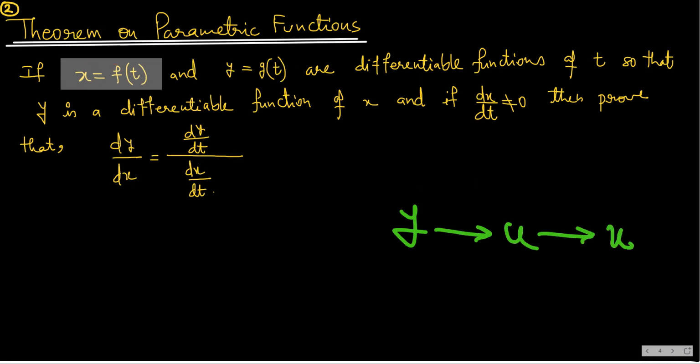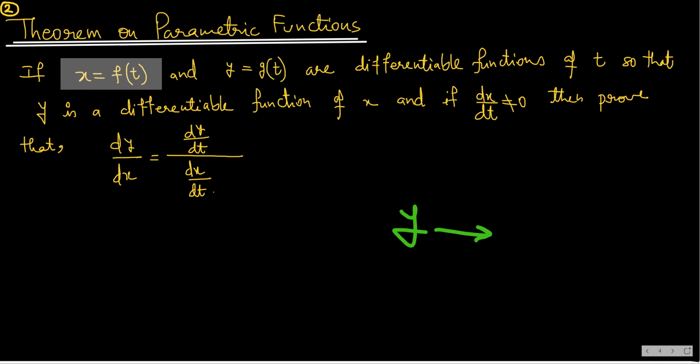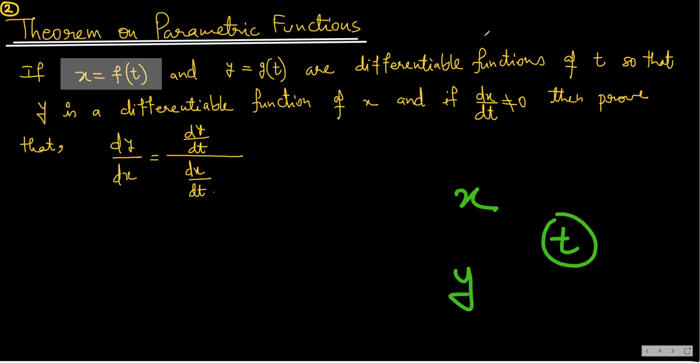So you had 3 variables, of which x was the basic variable because the changes would occur in this first, then this, then this. If you see here, how many variables do you see in the statement? You have x, you have y, and you have t. What do you think is the basic variable? It is needless to say, my dear students, that t is the basic variable.